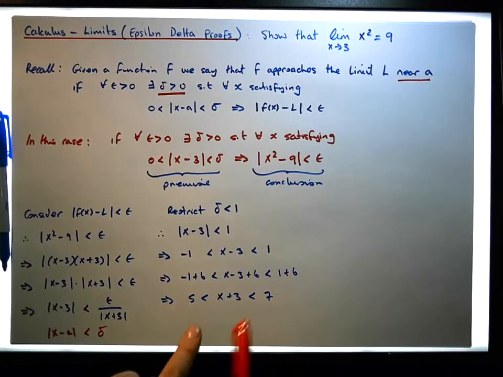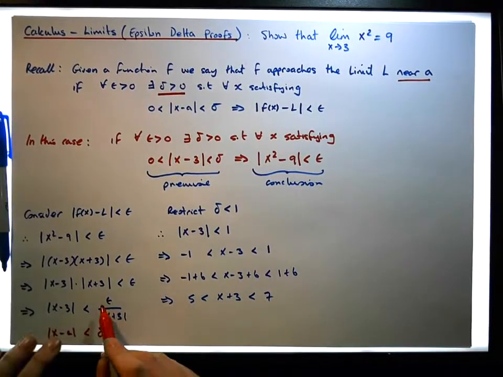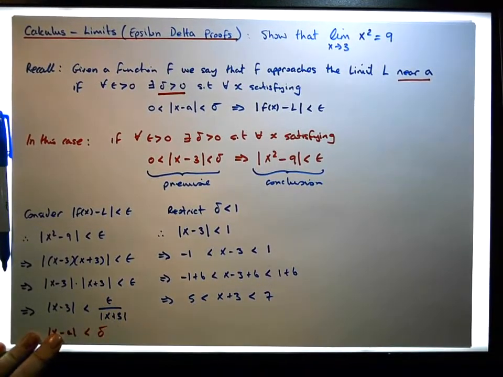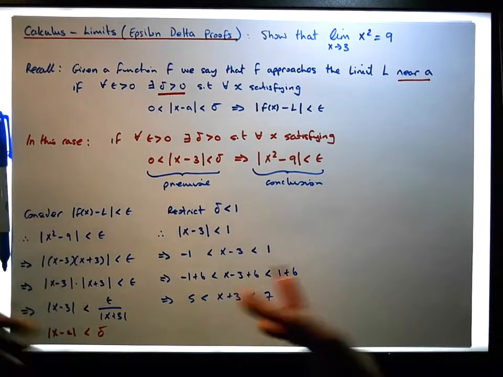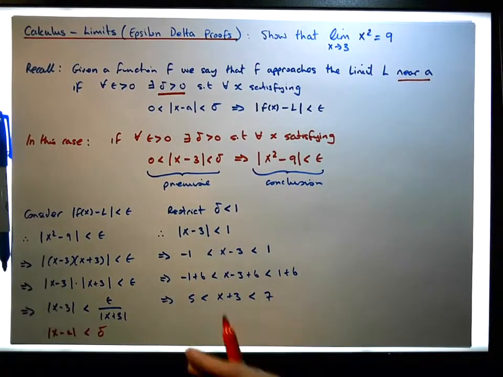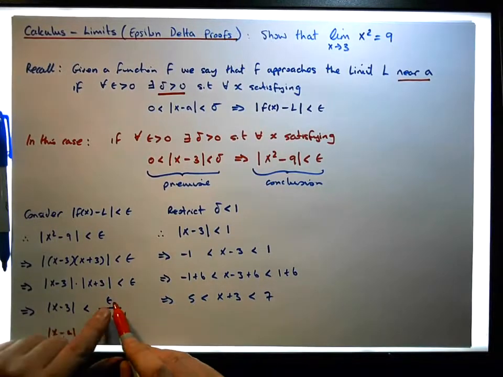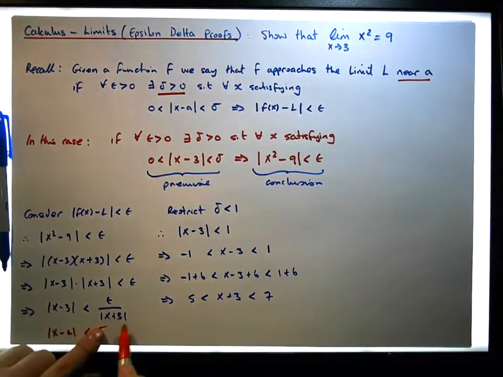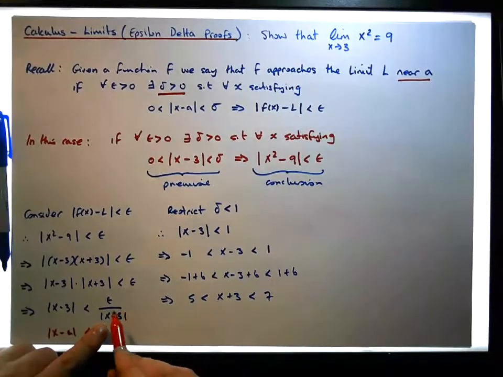Which one of those facts minimizes epsilon over |x + 3|? Because we're looking for the smallest delta. To get the smallest delta relative to epsilon, we need to consider the absolute value of x + 3.